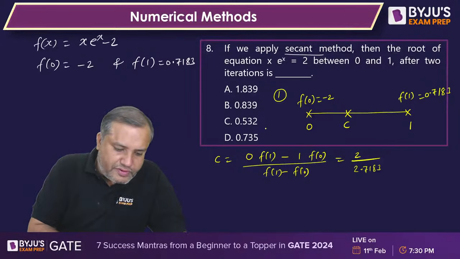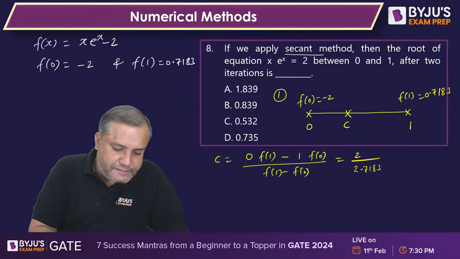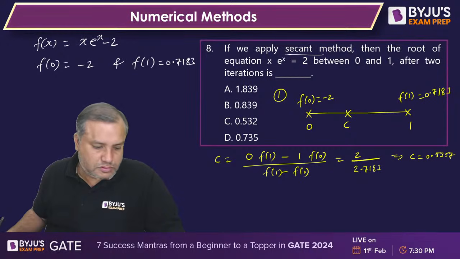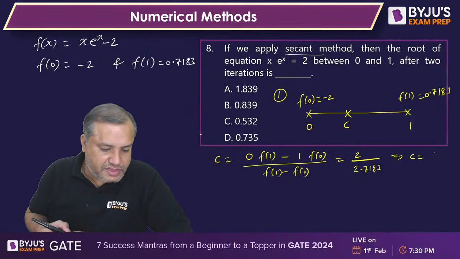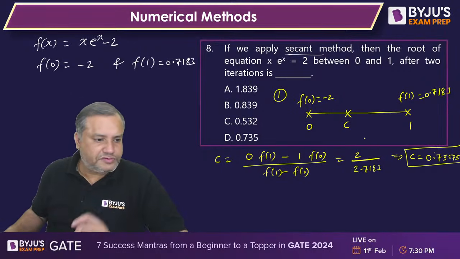So 2 divided by 2.7183. This is 0.7357. This is the value of C.